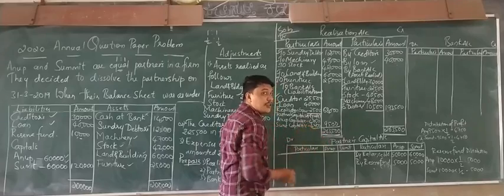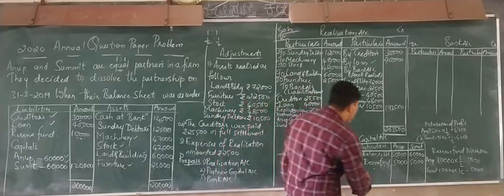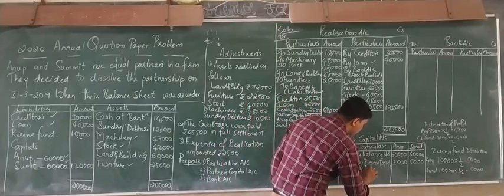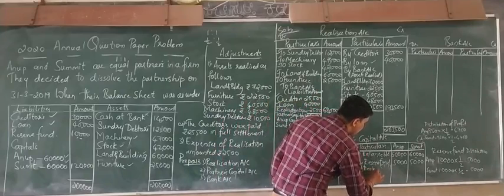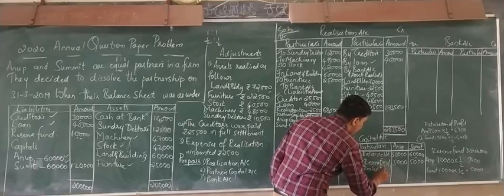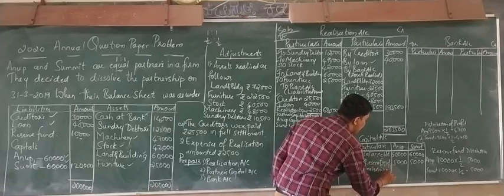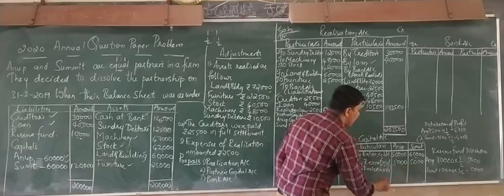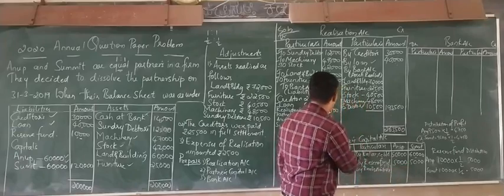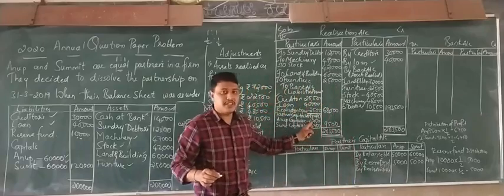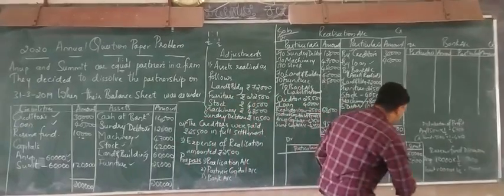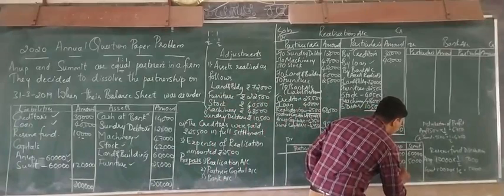It should be credited to the partners' capital account. So by realization profit, whatever the profit realization difference you have distributed, you have to write here, 4,750.